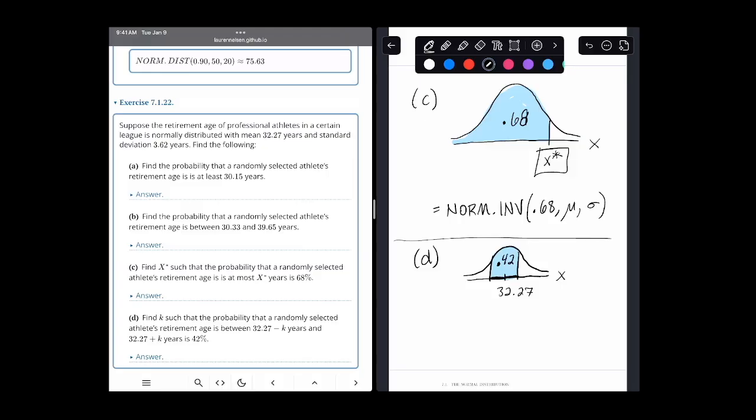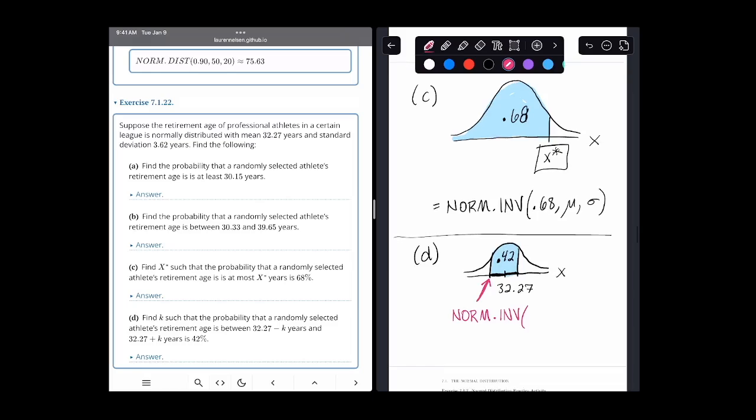Well, before we worry about figuring out K, let's first just try to find one of these points. Let's maybe find this left one. If I know something about the area and I want the X, then I'm going to want to use norm.inv, and I want to plug in the area to the left. Well, I have to figure out the area to the left. The total area of the tails would be 1 minus 0.42, which is 0.58.